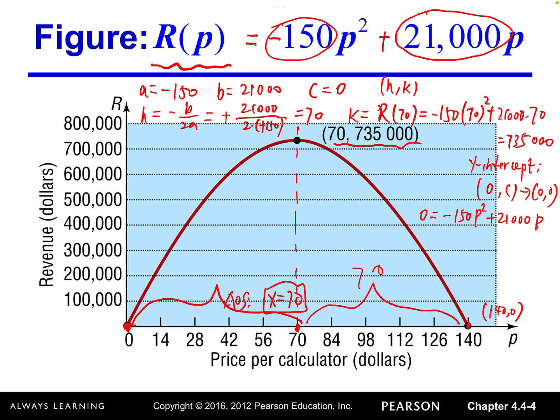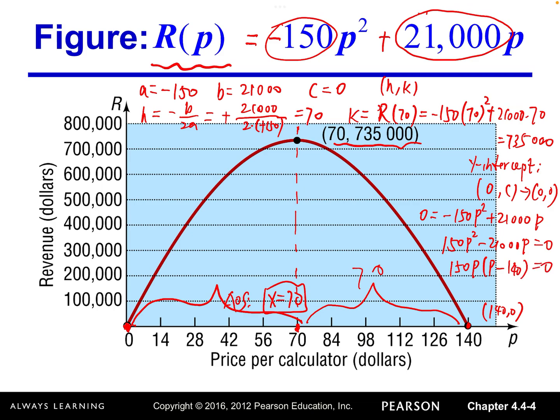If we multiply both sides by negative 1, or just move these two terms to the left-hand side, we get 150 p squared minus 21,000 p equals 0. And then we factor 150p out, and we get p minus 140 equals 0.